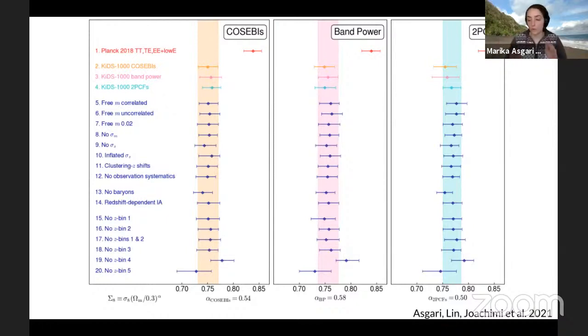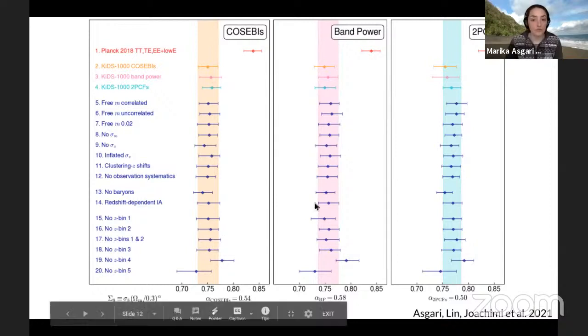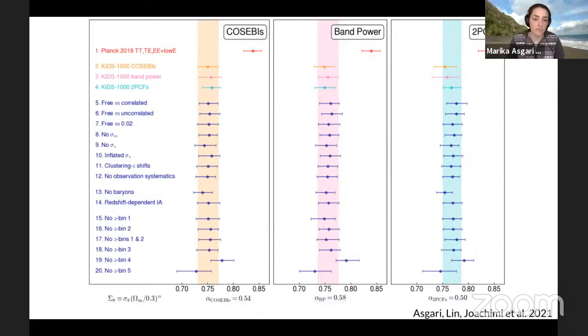And even when you limit your angular ranges, it's still sensitive to smaller scales where baryon feedback is important. So they are impacted by that part of the nonlinear matter power spectrum. But these 2 other statistics, because we've limited their range, they're not really sensitive to baryon feedback. So this is showing that our results are not that sensitive to them, basically, whatever way you might model them.